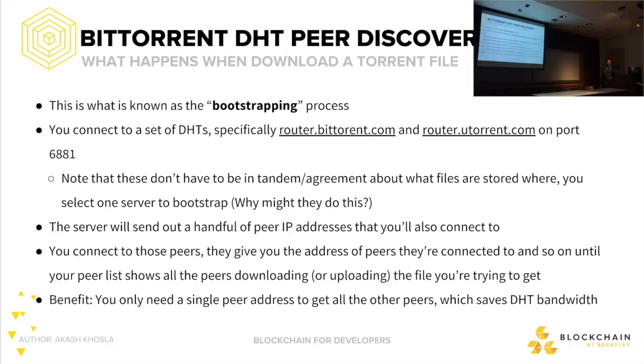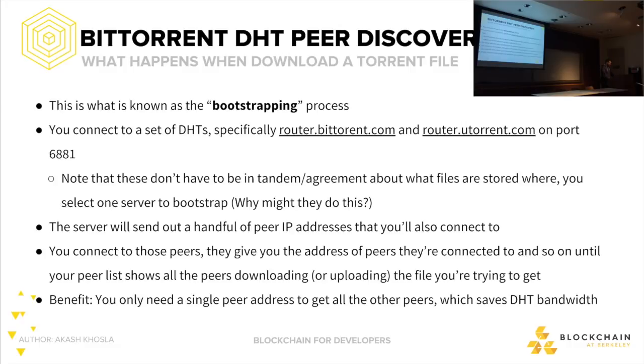The benefit here is that you can also query other people's peer lists to populate your own, so you don't necessarily have to go through the DHT to populate your entire peer list, because the DHT doesn't always have each and every peer, but the other peers often store most of the peers because they're downloading the file. So it's a much more effective way to just query the other peers in the network for that list.